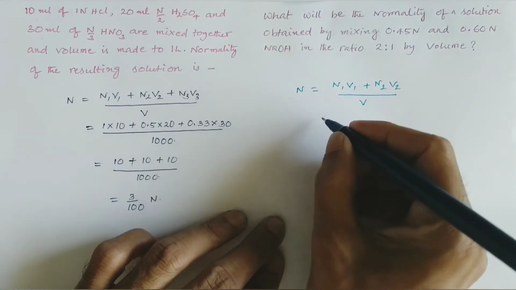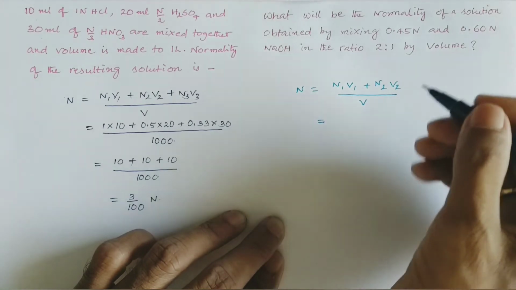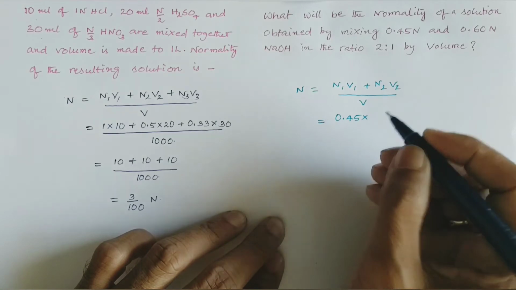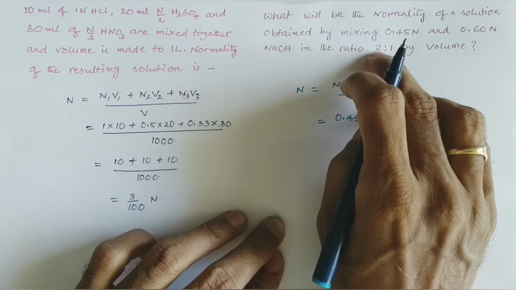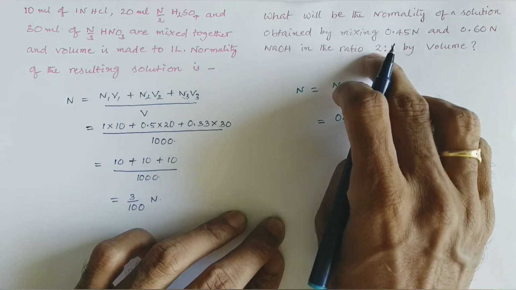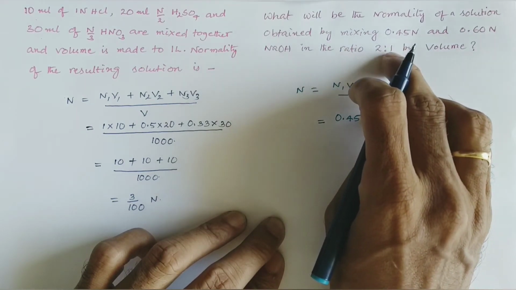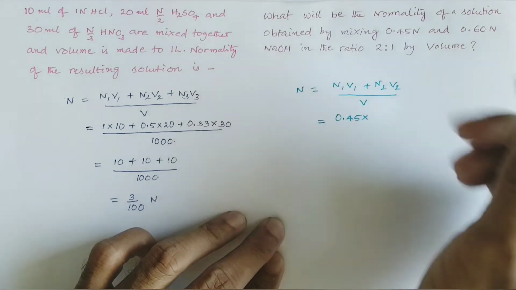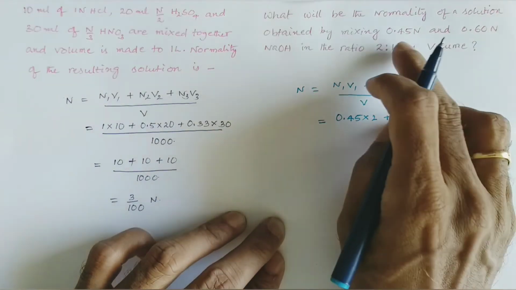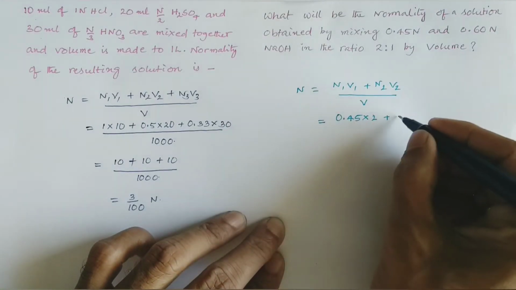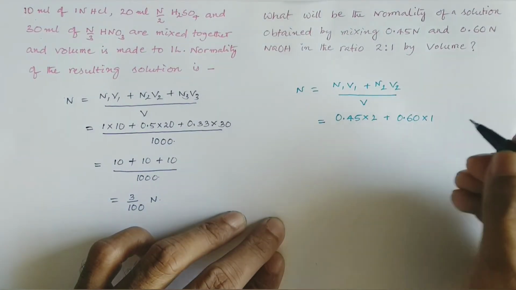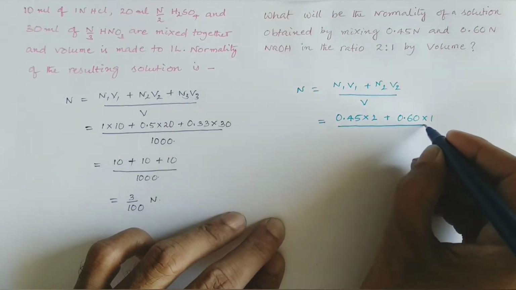Now normality of first solution is 0.45 and volume is 2. They are mixed in 2:1 ratio, so you can take it as 2 liters of first solution, 1 liter of second solution, right? So 0.45 into volume of first solution is 2 liter plus second solution has normality 0.60 into volume is 1, divided by total volume.